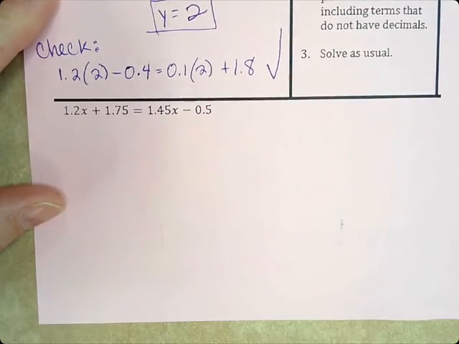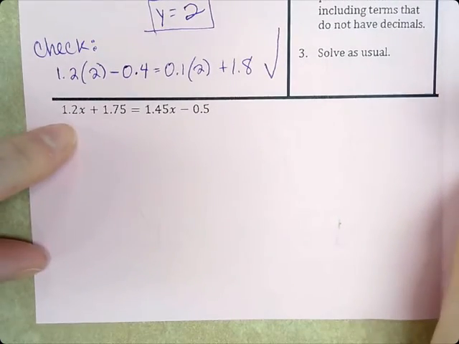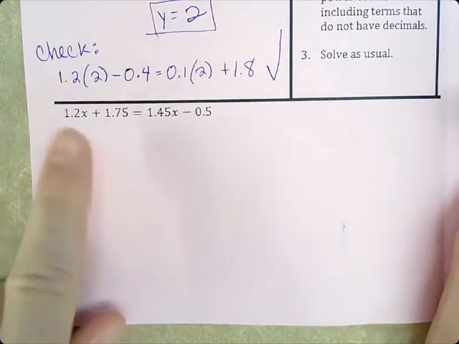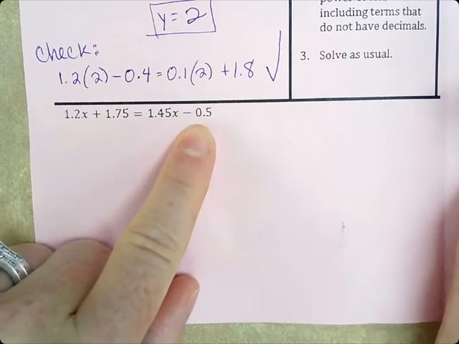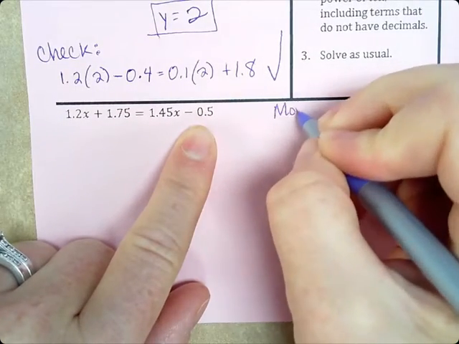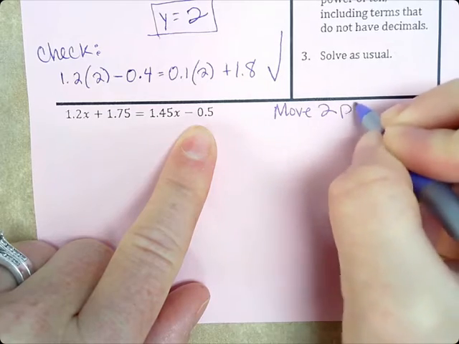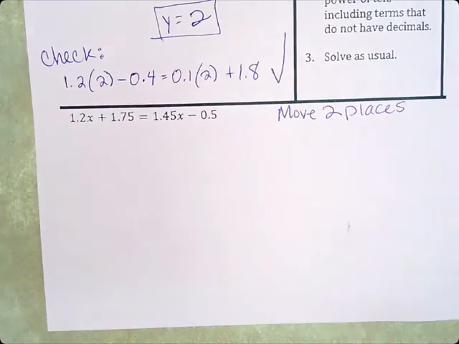Okay, let's look at the next example. This one is one place, this is 2, this is 2, this is 1. So we need to move it 2 decimal places, because you find the largest movement, and that's what you need to move them all.